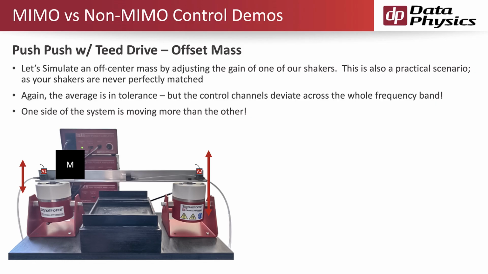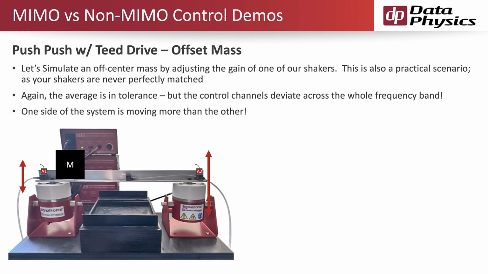So what's going on here is my shaker on the left has a lower gain, so it's moving a little bit, and the shaker on the right has a higher gain, so it's moving a lot. The average of the two accels is hitting our target, but this offset mass, or this change in gain, is causing the two individual control accels to deviate quite a bit.